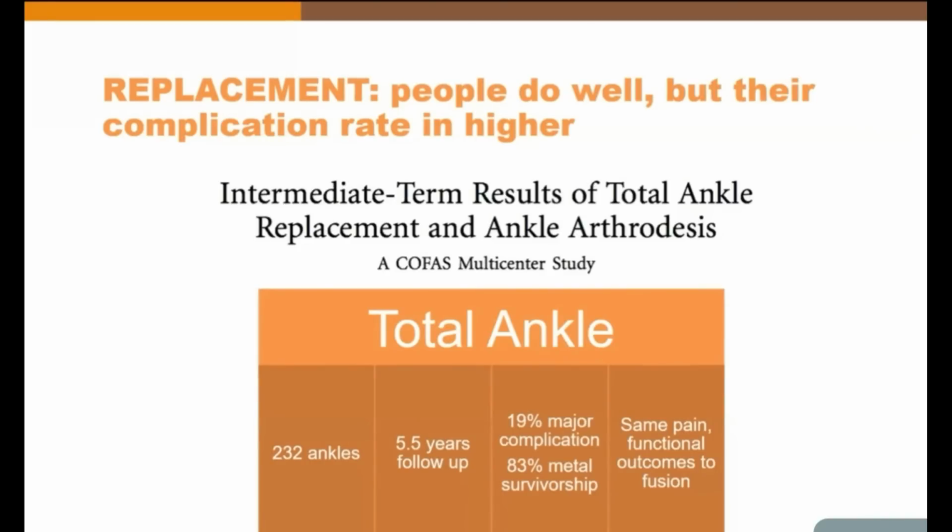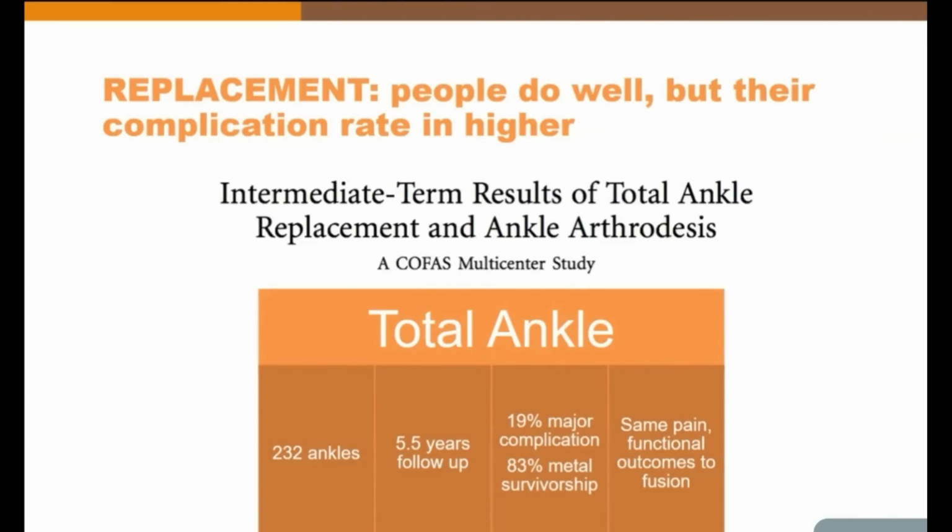As we mentioned, in terms of the trade-off, the complication rate is the major thing that is higher in the total ankle population as opposed to the ankle fusion population. Those can be relatively small things, things that don't require a second operation. They can be things that require a relatively smaller operation, meaning that the metal components of the ankle replacement are retained, or they can be things that are considered a major revision, which involve removal or replacement of the metal components.